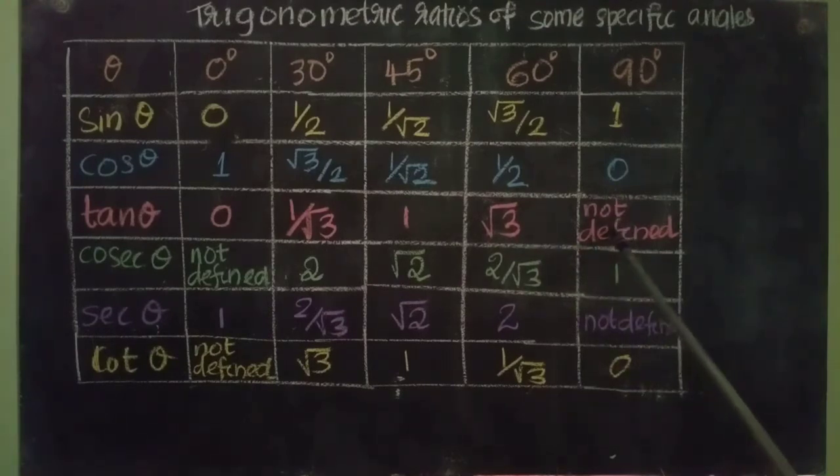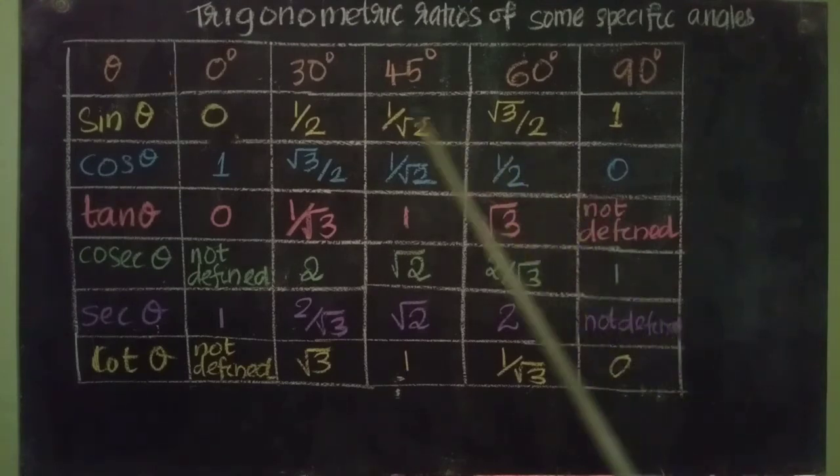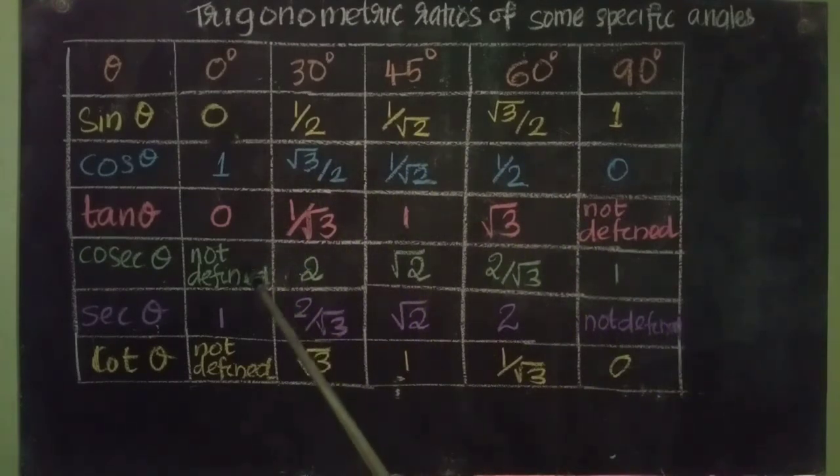Tan 90, not defined. Cosec 0, not defined. Cosec 30, 2. Cosec 45, root 2. Cosec 60, 2 by root 3. Cosec 90, 1. Sec 0, 1. Sec 30, 2 by root 3.